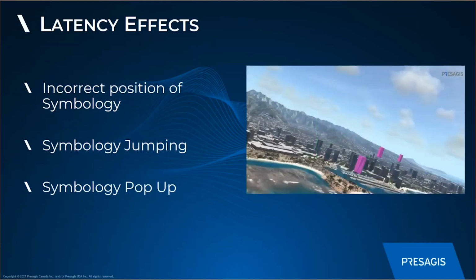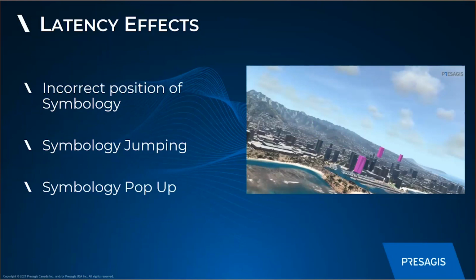If we look at a 3D approach, where we're doing augmented reality, and I've got flight points represented as pillars on the terrain, you'll notice in this example the problem with latency is different, but similar at the same time.